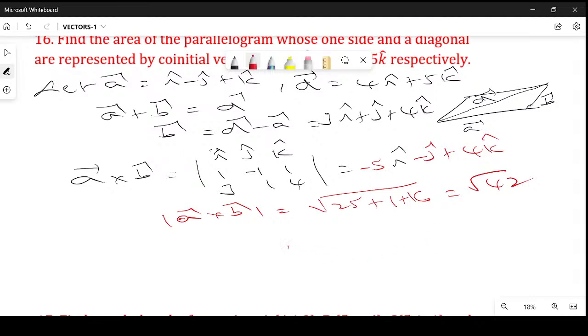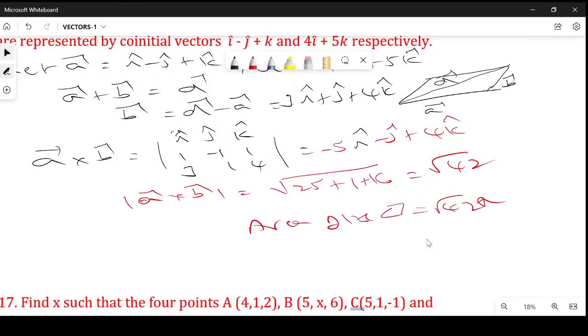You write: area of the parallelogram is equal to root 42 square units.